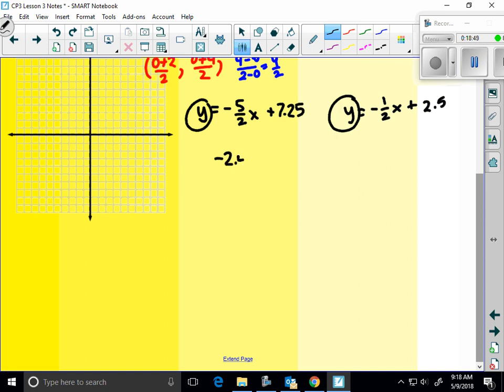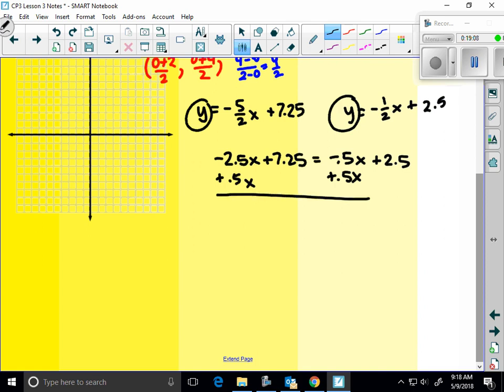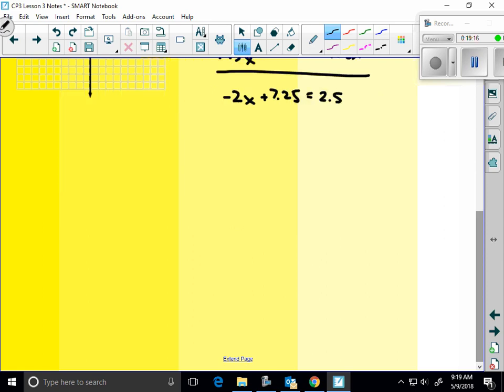So it looks like I get negative 2.5x plus 7.25 is equal to negative 0.5x plus 2.5. I'm going to get x's on the same side, so I'm going to add 0.5x on this side and do the same over here. So that gives me negative 2x plus 7.25 is equal to 2.5.